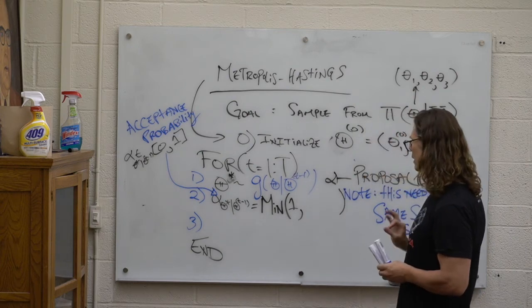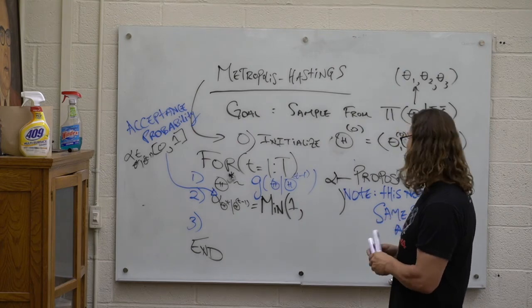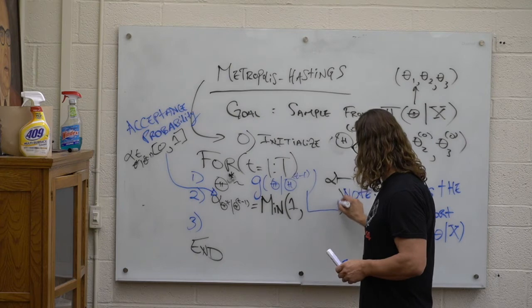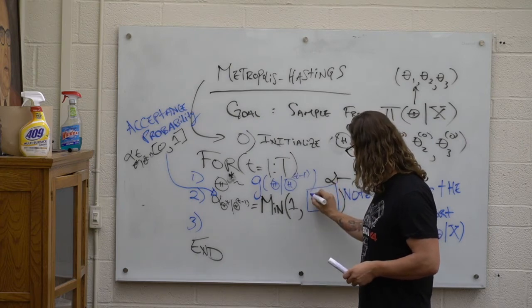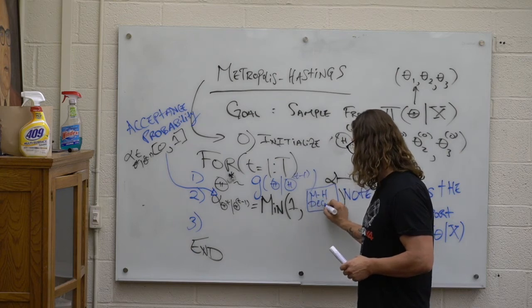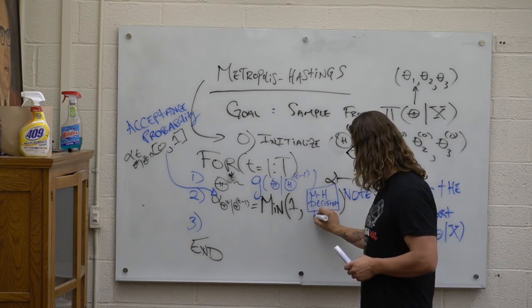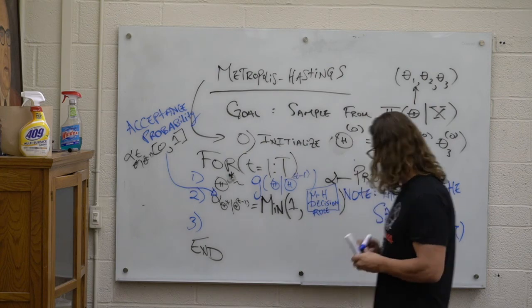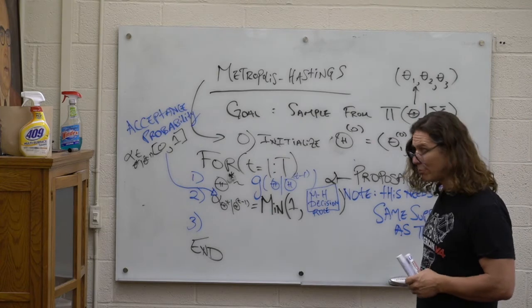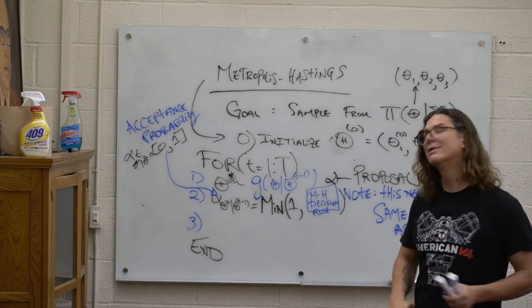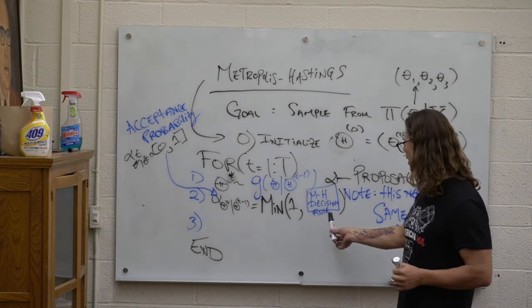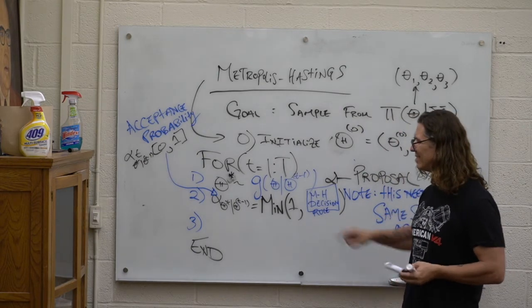And I'm going to give myself a little bit more room in a second, and I'm going to write what that thing is. So let's just leave this as a big surprise. I'll call this the MH decision rule. Fortunately, somebody broke the whiteboard that I keep trying to walk over to, and so I only have this small whiteboard for right now. Sorry about that. MH decision rule. I'll tell you what this is in a second.